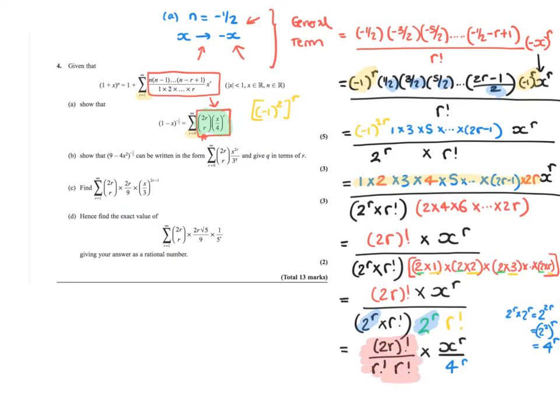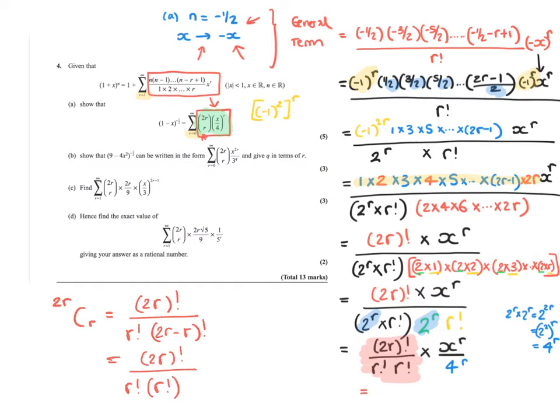Well, that is equivalent to 2r choose r, which is, if you remember, n factorial over r factorial n minus r factorial, if you use the formula for calculating a factorial. So that's 2r all factorial over r factorial r factorial.